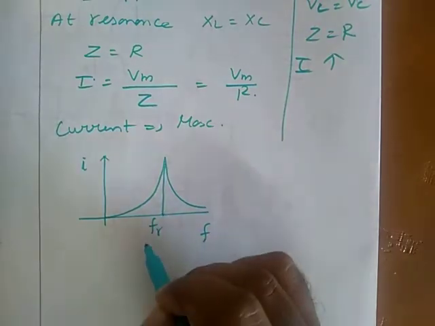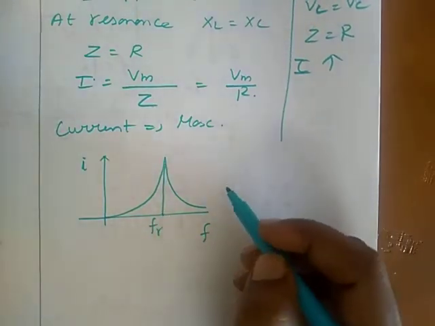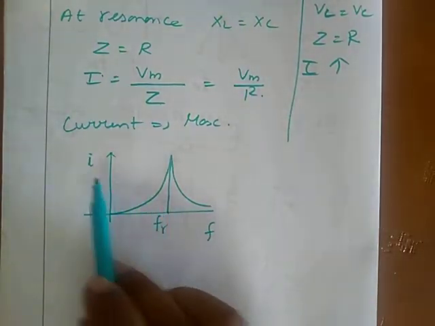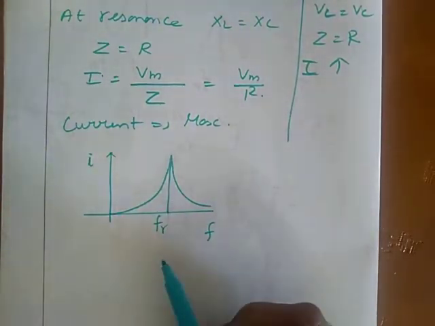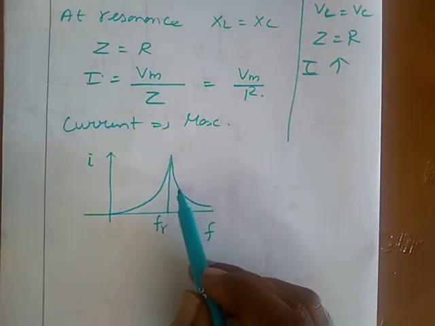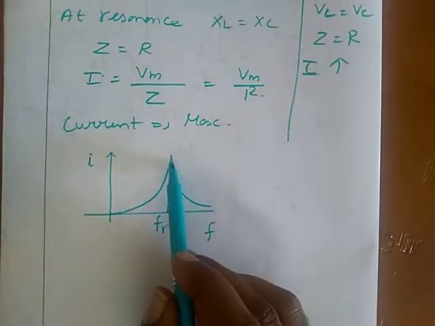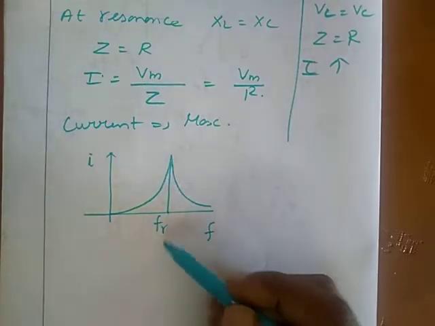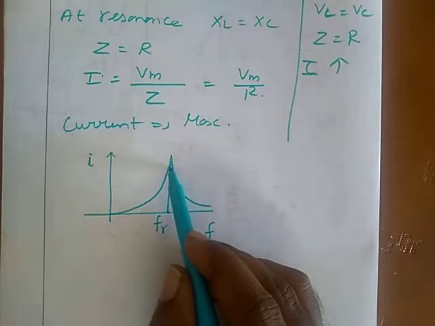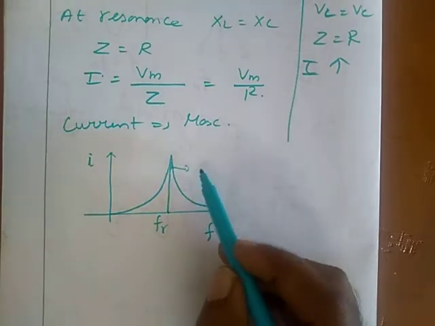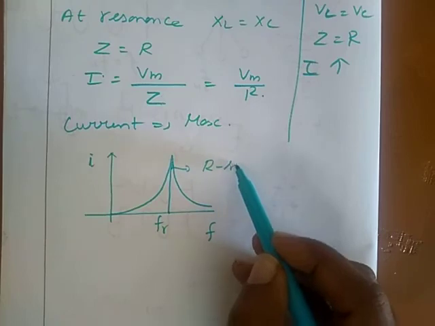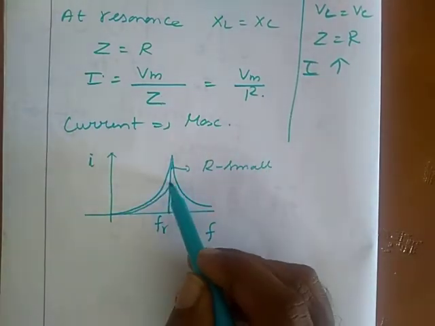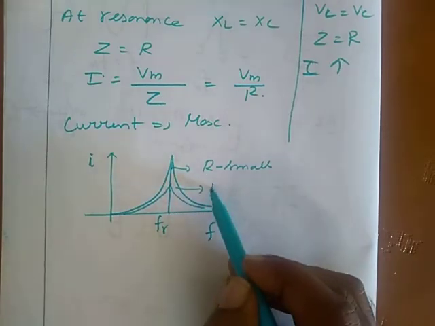One more thing, the current is limited by the value of the resistance. The smaller the resistance, the larger the current, and the larger the resistance, the smaller the current. It is indicated in the graph. Here at this point, R is small. At this other peak, R will be large.